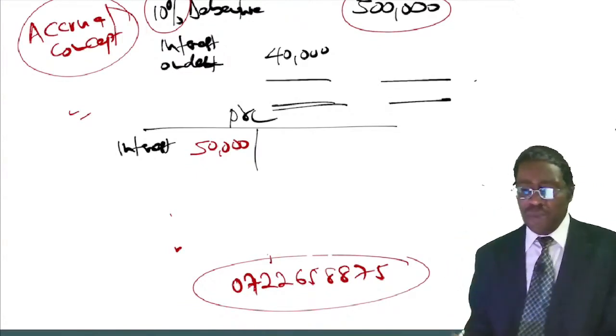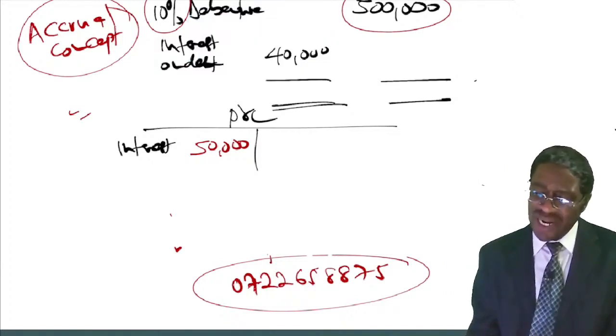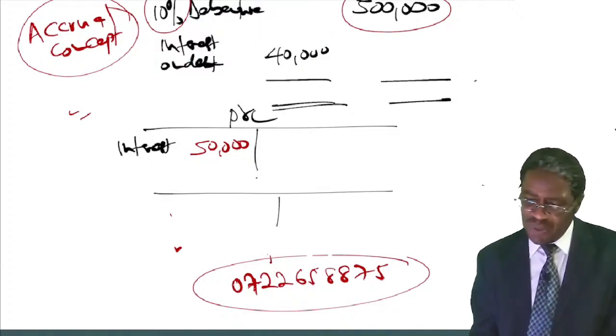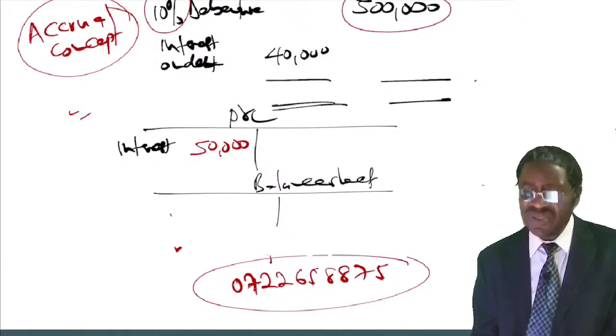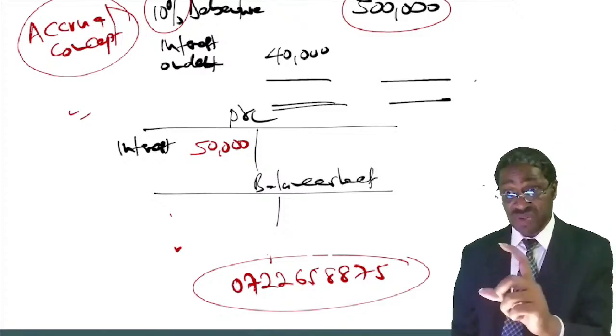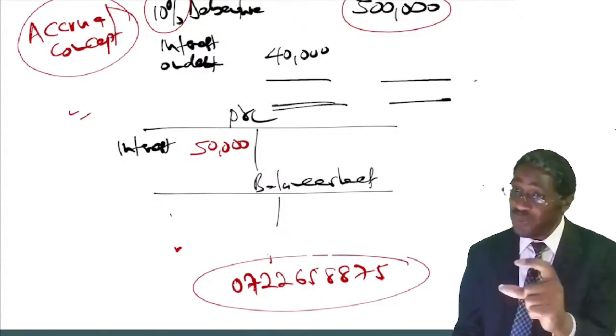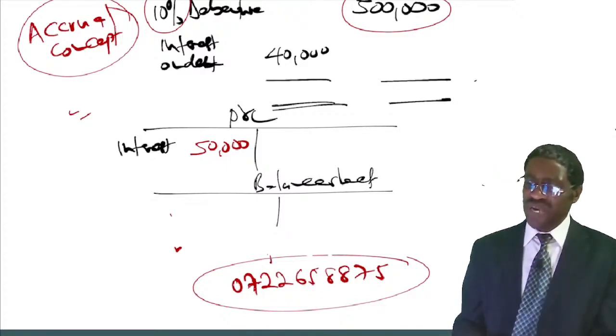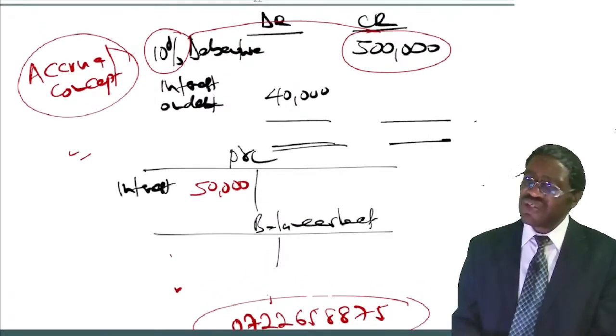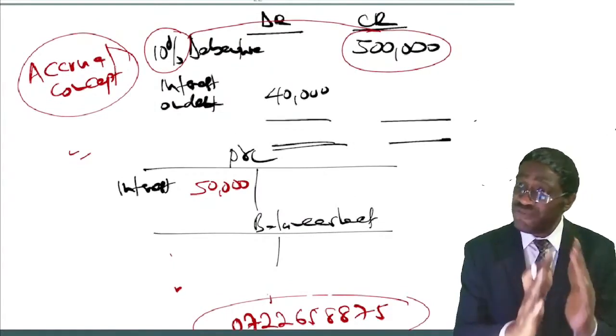Listen. But when this company is now doing their balance sheet, that is normally the time they have to ask themselves, as a company, do we owe our debenture holders anything? From this trial balance, I'm supposed to pay them 50.